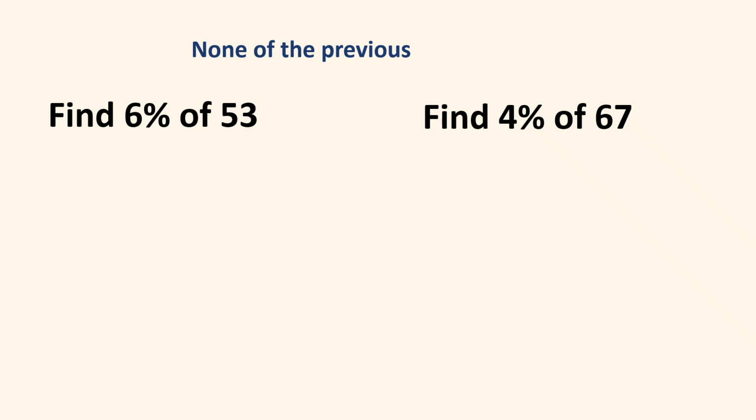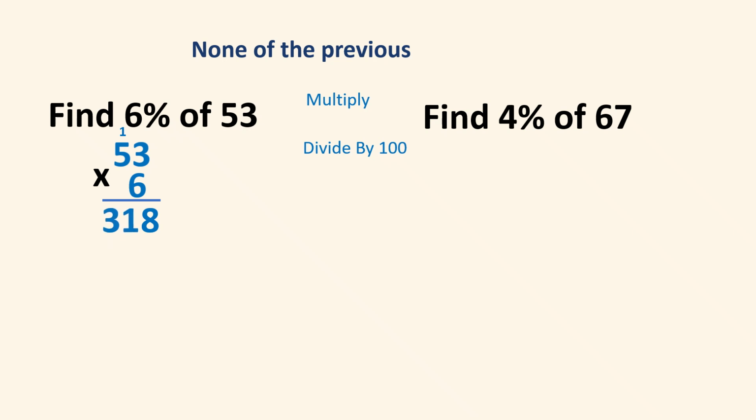Now, what if we can't use any of the tricks we just learned? Like this question here. What's 6% of 53? If we can't use any trick, we'll just use the multiplication method. So we will first multiply and then divide by 100. So we multiply the numbers 53 times 6. 6 times 3 is 18, so we write 8 down here and 1 up there. 6 times 5 is 30 plus 1 is 31.